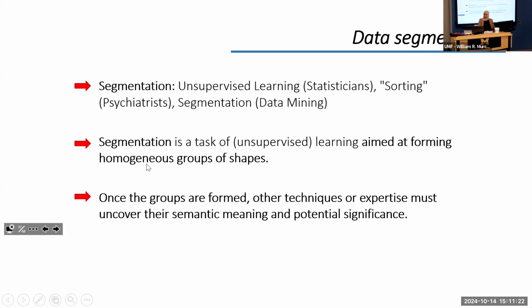So what is it in all cases? This is an unsupervised task. Segmentation is a task of unsupervised learning that aims at forming homogeneous groups of shapes. When we say homogeneous, we are going to see this in detail, it means things having common characteristics, okay? Once the groups are formed, other techniques or expertise must uncover their semantic meaning and potential significance.